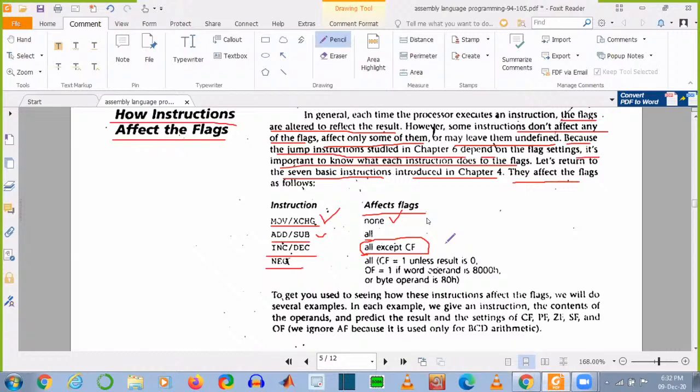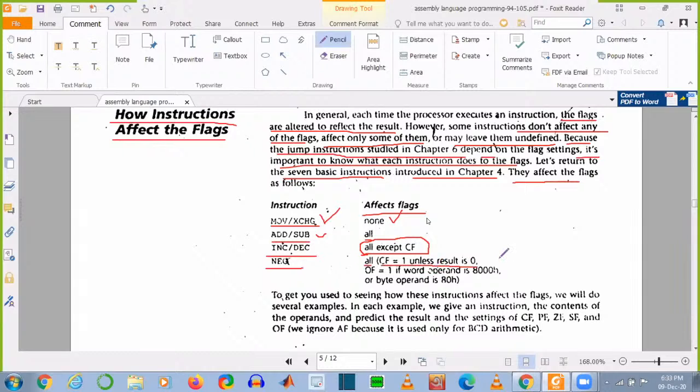Then we have the negative instruction, NEG. When you perform the NEG instruction, all of the flags will be affected, but there are two exceptions. The exception is that CF equals 1 unless the result is 0. What does that mean?